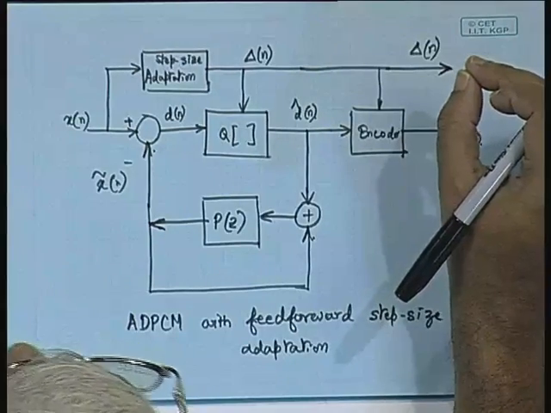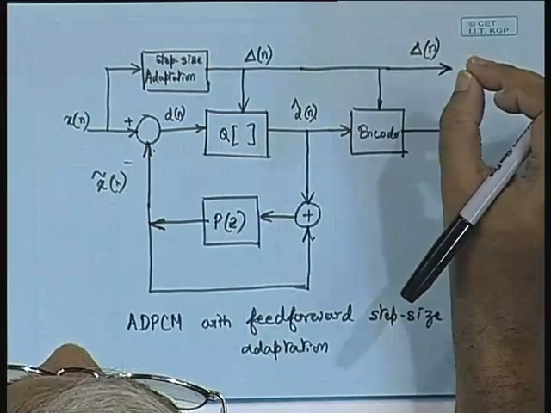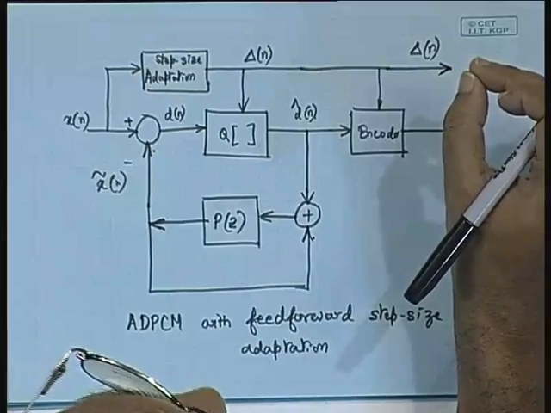Maybe if it is a mistake in the least significant bit, that may not affect the performance very significantly, but delta n is very crucial, because in case there is any error in delta n, and delta prime n is significantly different from delta n, the step size would change drastically. The step size would be wrong, and as a result the signal reconstruction itself goes wrong to a very significant extent.